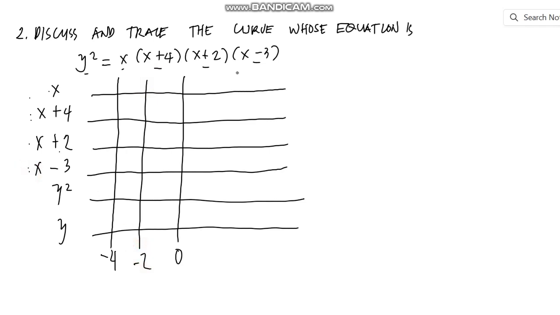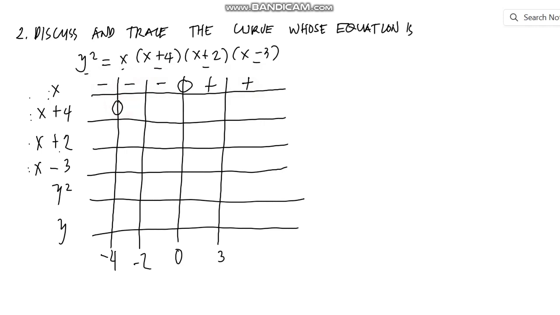And x minus 3 would be 0 at x is equal to 3. So for x, that would be 0 at 0. We substitute a value on the right side of 0, that would give us a positive result. So that would be positive on the right and negative on the left.